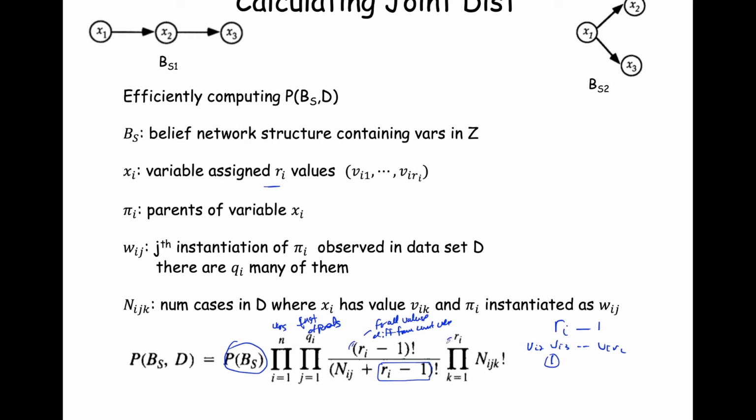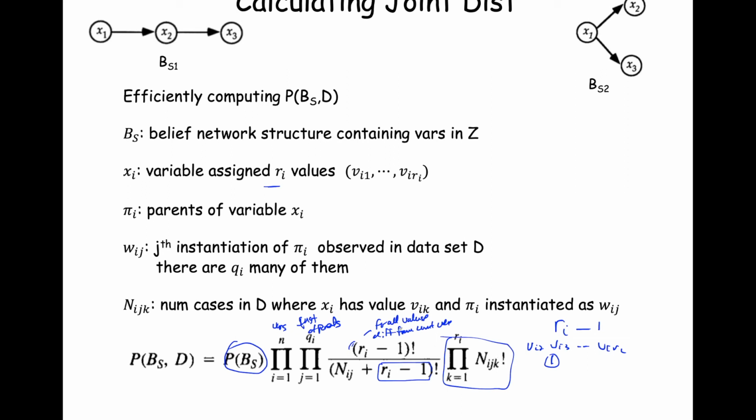And so this product is taking into consideration a particular value. And if we look at these two factorials, we're multiplying by the number of cases in the data set where your variable takes on a particular value for that instantiation, for each of the values.